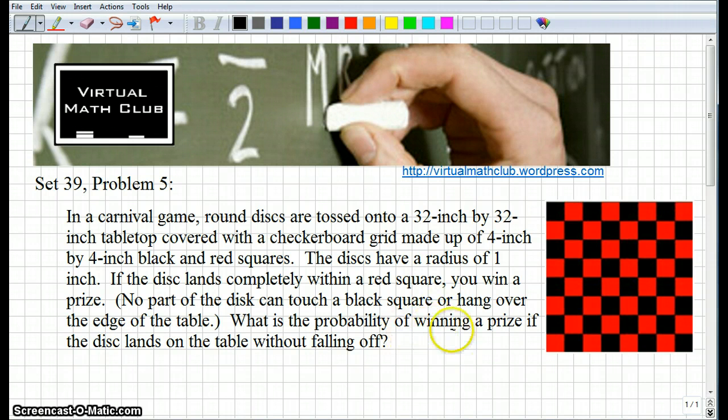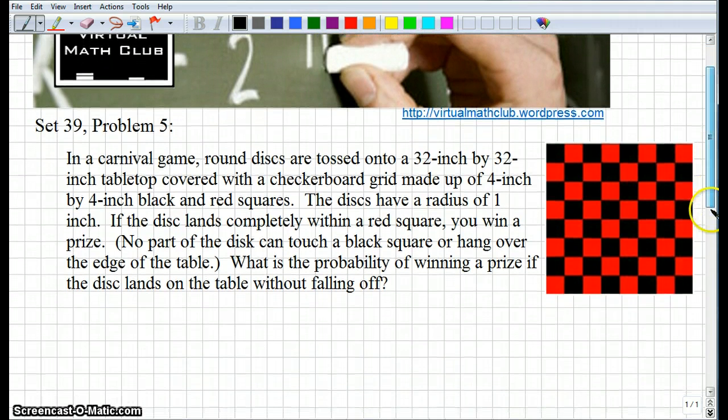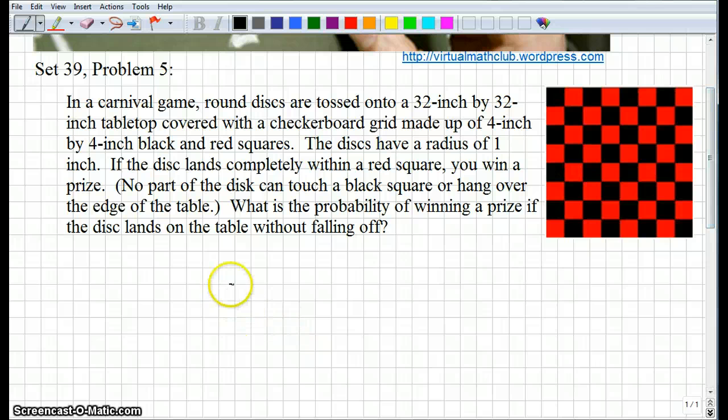Okay, so let's zoom in on one of those red squares and figure out where this disc has to land in order to win. Because it can't land anywhere within that 4 by 4 inch square. The edges of the disc have to be completely within the red square. So I'm going to draw a little bit bigger red square here to help us see it.